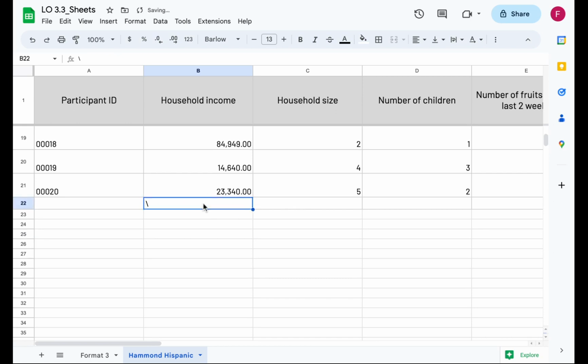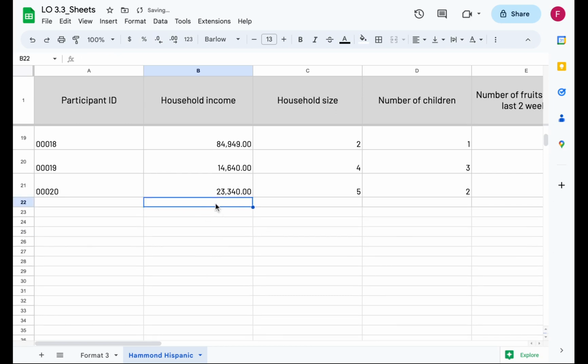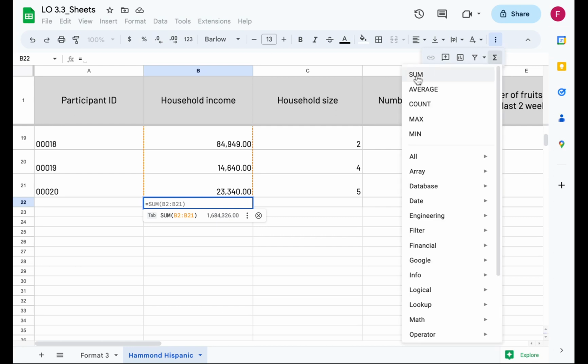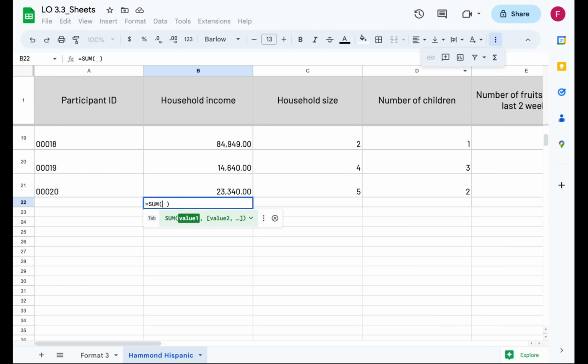But there's another way to do it. You see the sigma symbol. You can also do your summations, your functions here. You have sum, you can put in the sum, it will do the same thing for you. In this case, it is asking me to put the range that I want.